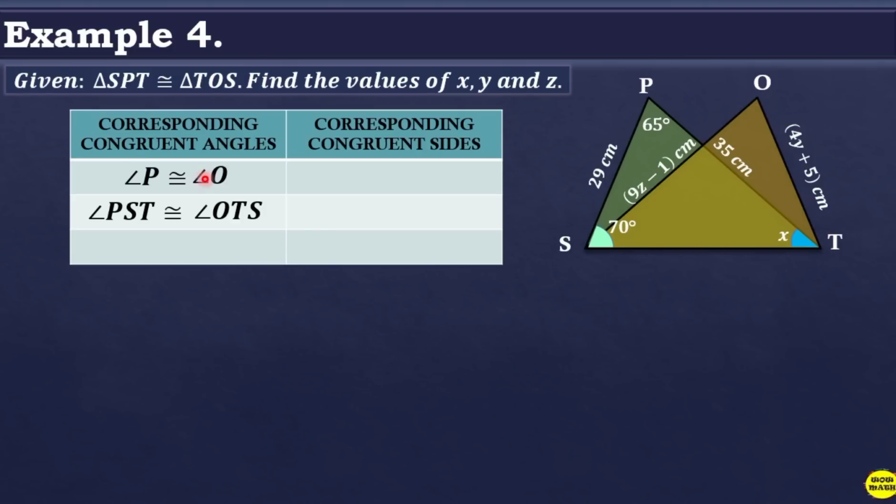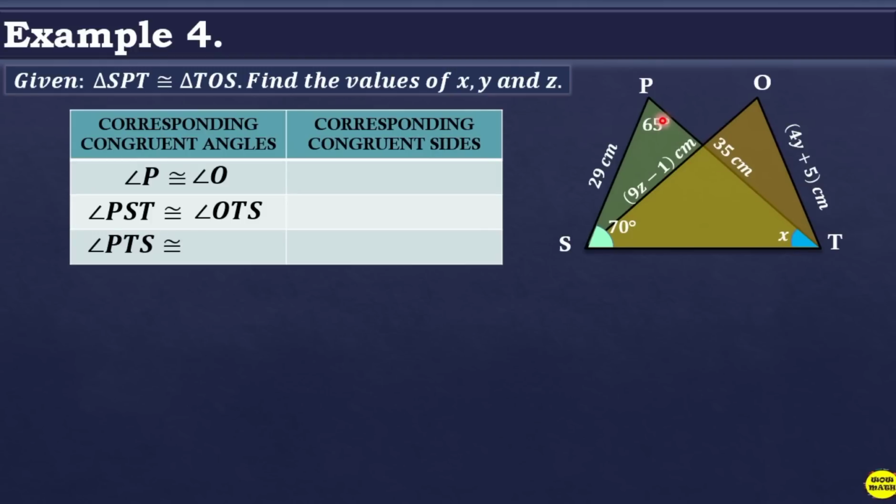OTS. Pwede mo i-check dito yung arrangement o yung order. PST, gitna, una, huli. So, gitna, una, huli. OTS. Next, angle PTS naman. So, PTS. Ito naman yung tinutukoy na angle. So, kailangan 3 vertices din kasi merong isang angle doon at hindi yun kasama.